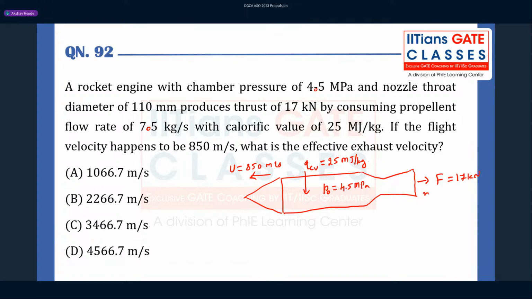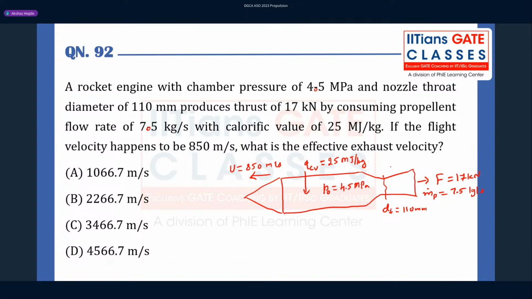with the mass flow rate of the propellant given as 7.5 kg per second. They're also given the throat area of the nozzle in terms of the diameter of the throat, and they're asking us to calculate the effective exhaust velocity.